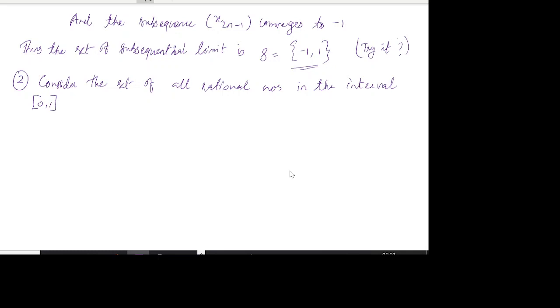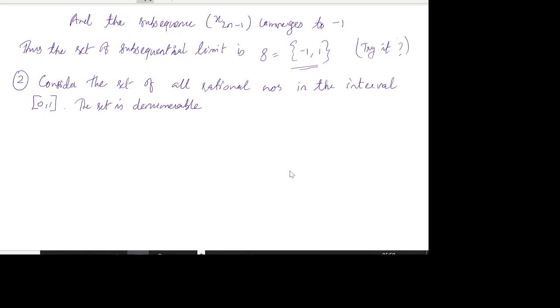The set is denumerable, right? Denumerable means it should be either finite or countable. The set is denumerable.